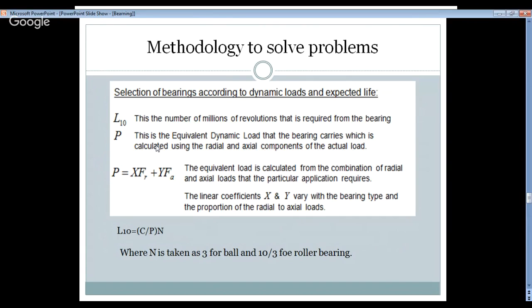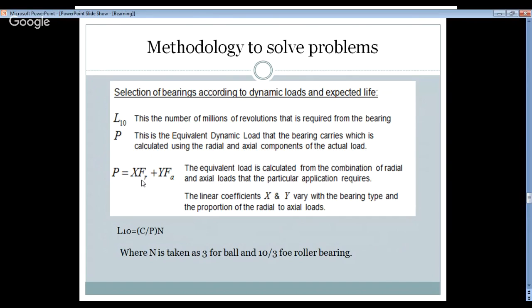Now, the methodology to solve problems for the students for selection of bearings. P is either given or can be calculated for a given bearing in terms of radial load or axial load. P can be calculated as X FR plus Y FA, where X is the radial load factor and Y is the axial load factor, while FR and FA are the magnitudes of radial and axial loads.